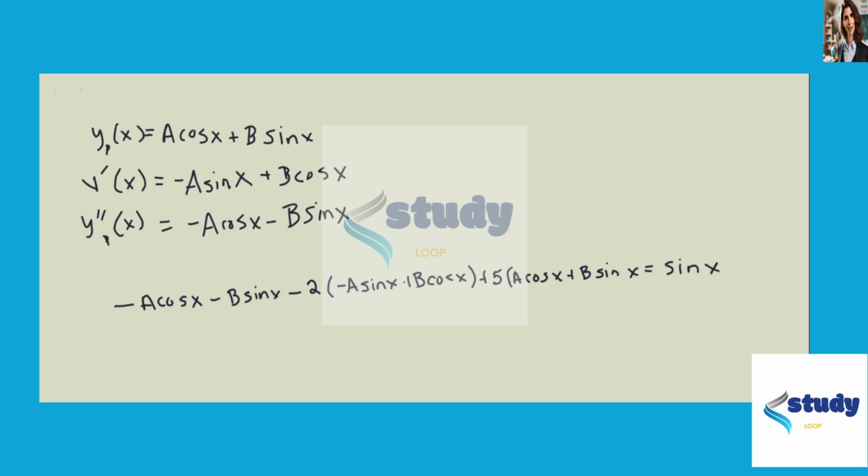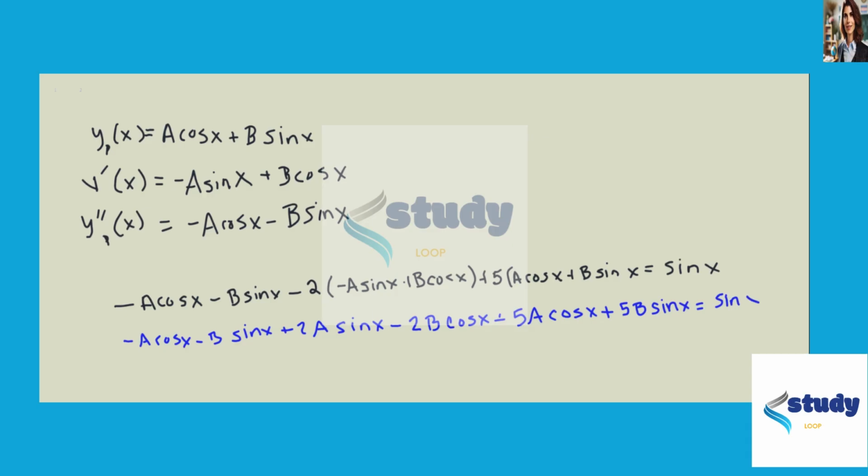I'd have negative a cosine x minus b sine x plus 2a sine x, minus 2b cosine x plus 5a cosine x plus 5b sine x equals sine x.